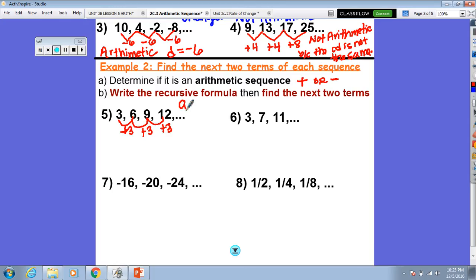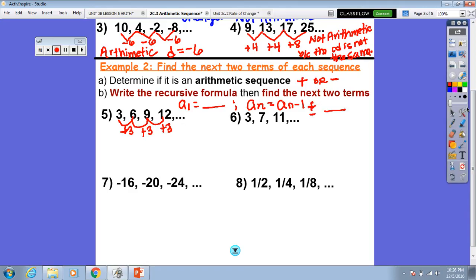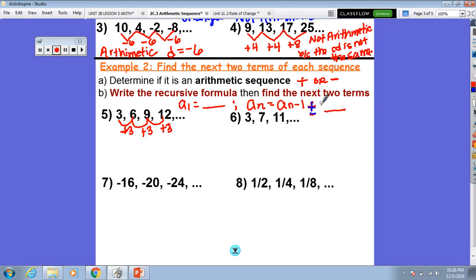But to write it, we're going to tell what the first term is. And then we get a sub n equals a sub n minus 1. Remember, this part always stays the same. And the only part that you will add in will be either plus or minus your common difference. Okay? So you have to tell me whether it's going to be positive or negative and what is your d.